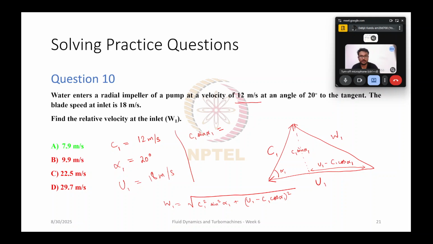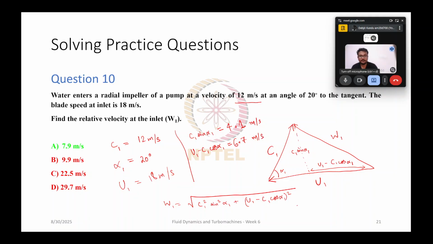So 4.1 meters per second. And let's find the other component, U1 minus C1 cos alpha 1. So U1 is 18 minus 12 multiplied by cos 20 degrees. That's like 6.7 something.